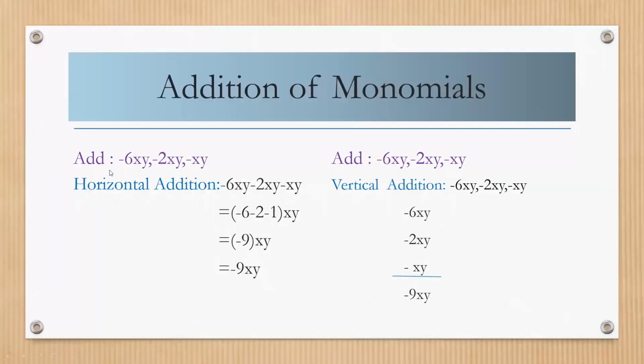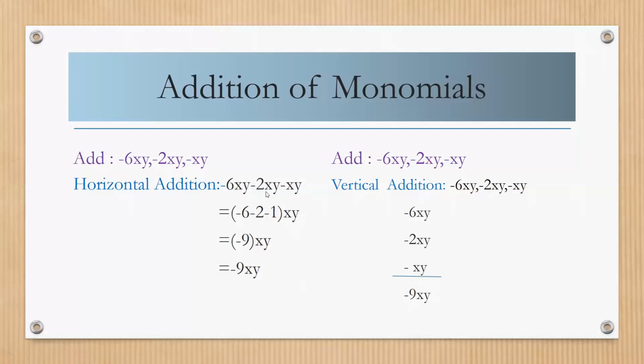But when we are adding the coefficients, beta, we have to check whether the variables are the same or not. Now, we have to add minus 6xy, minus 2xy and minus xy, right? How can we add them, beta? Here minus 6, minus 2 and here minus 1 is there.